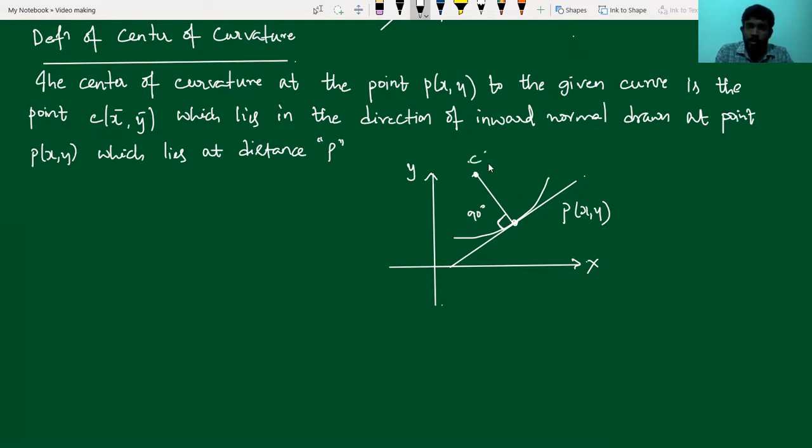Let this be the point C of x bar comma y bar. It is nothing but the center of the curvature, and it is also given that it lies at a distance rho. So the distance from P to C is nothing but rho, where rho is the radius of curvature, and this x bar comma y bar is center of curvature.